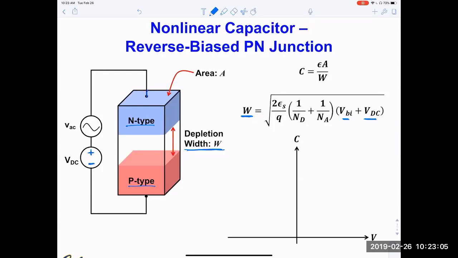This is basically same effect as a metal parallel plate capacitor. In the positive cycle, some positive voltage will appear here. The positive voltage really means, well, think of it in the positive cycle. In the positive cycle, we are increasing depletion width a little bit more, right? If you further reverse bias it.